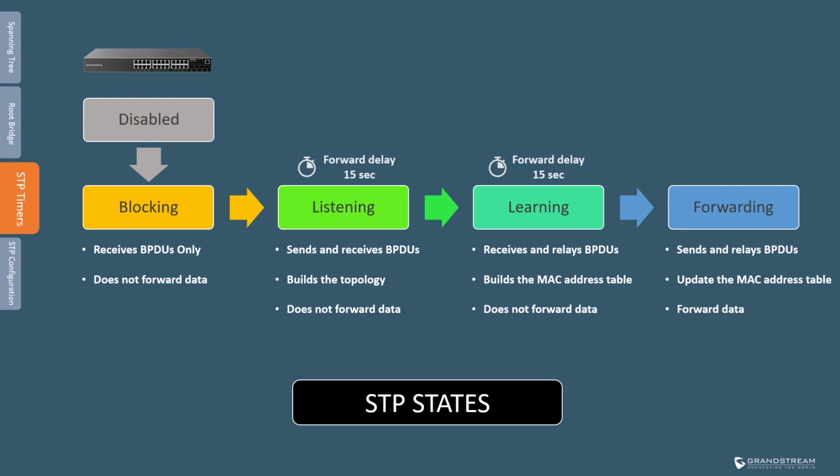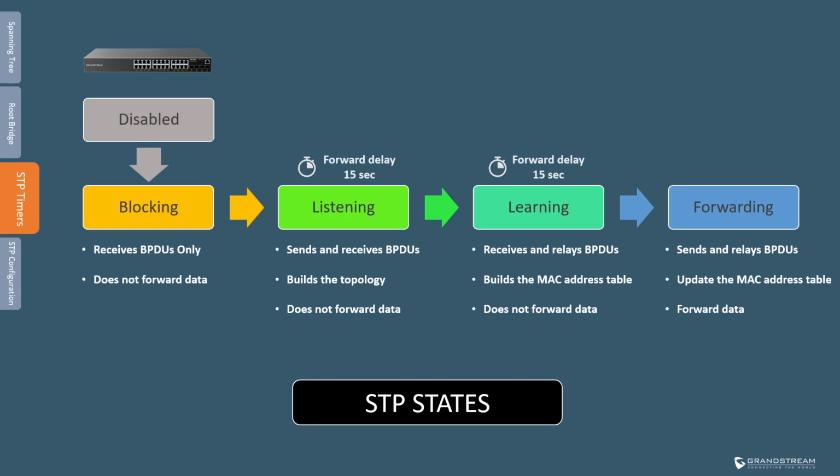When the switch detects that it needs to move to the forwarding state, the switch puts the port in the listening state, in which the port is allowed to send and receive BPDUs to actively participate in the spanning tree topology process. At this stage, the port is still not allowed to process data traffic. The port stays in this state for 15 seconds, which is the default forward delay timer.